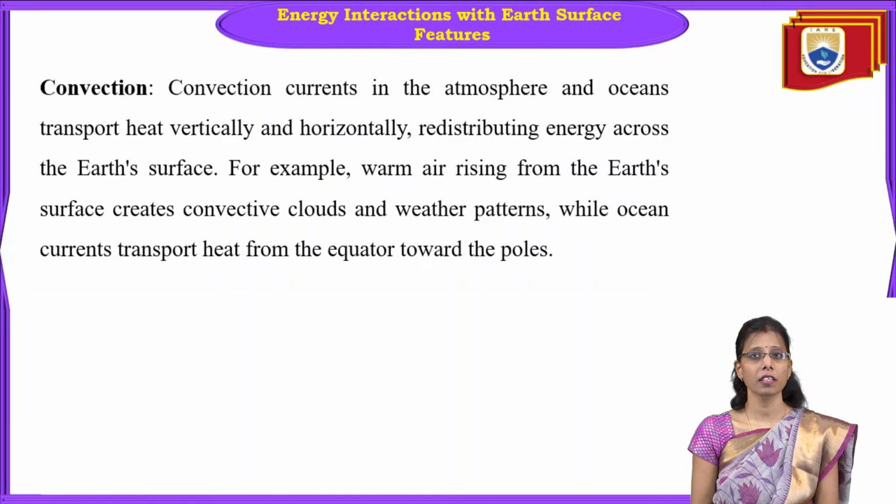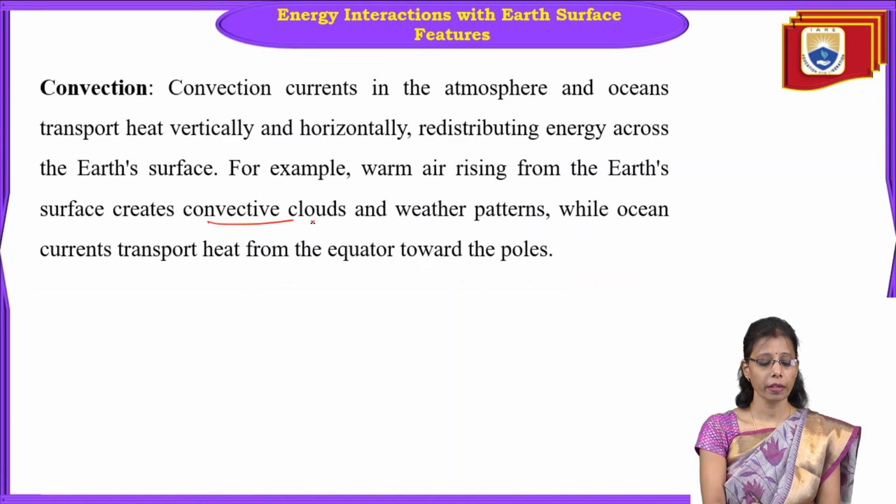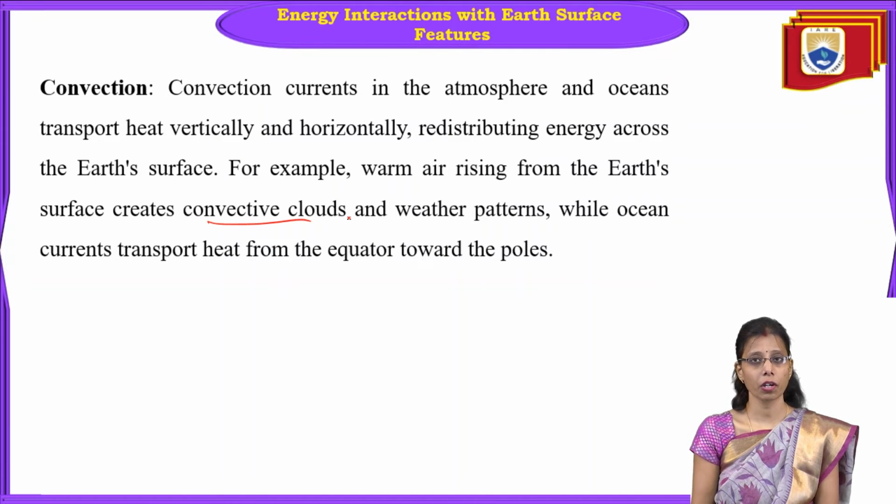Convection currents in the atmosphere and oceans transport heat vertically and horizontally, redistributing energy across the Earth's surface. An example is when warm air rises from the Earth's surface, it creates convective clouds and weather patterns, while ocean currents transport heat from the equator towards the poles.